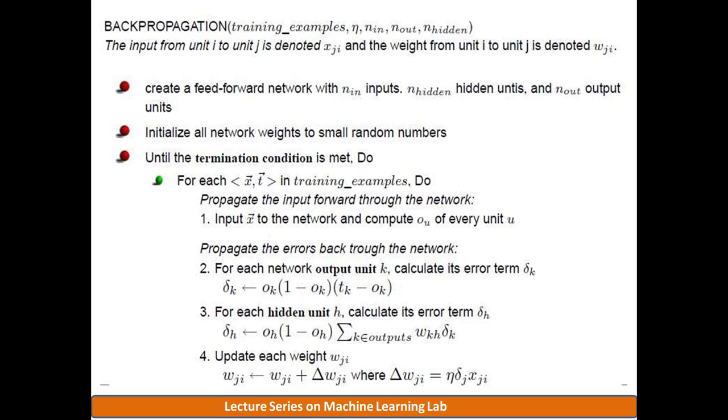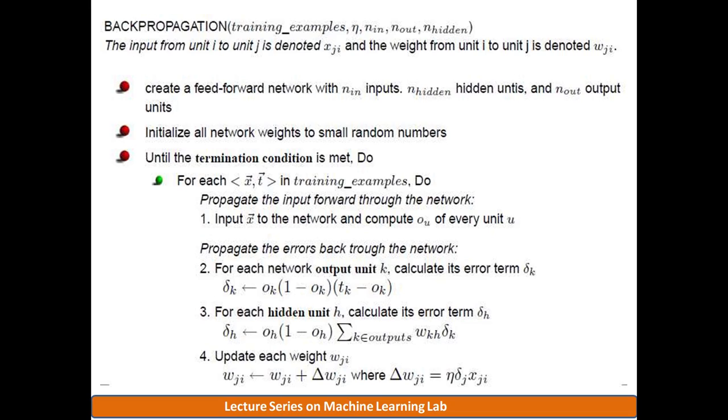The input from unit i to unit j is denoted as xji, and the weight from unit i to unit j is denoted as wji. The input is a combination of the input vector and the target output vector, that is x and t.